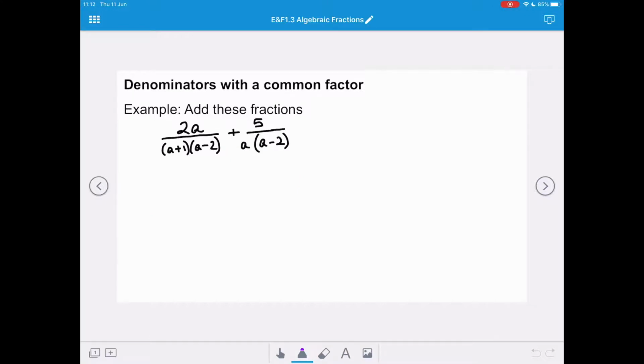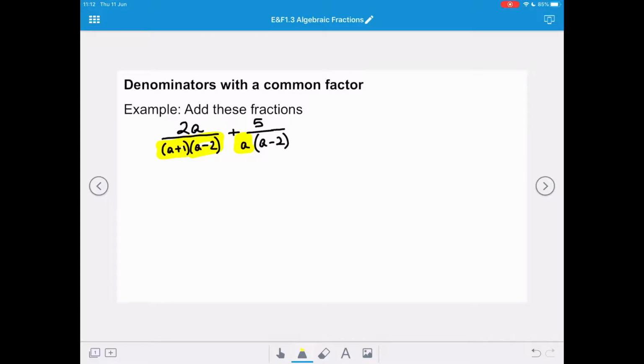Now sometimes our denominators will have a common factor, and so using the kiss and smile method is going to overcomplicate things. So we want to add these fractions, 2a over a plus 1 a minus 2 plus 5 over a upon a minus 2. We're going to look for common factors. We've got an a plus 1, an a minus 2 and an a.